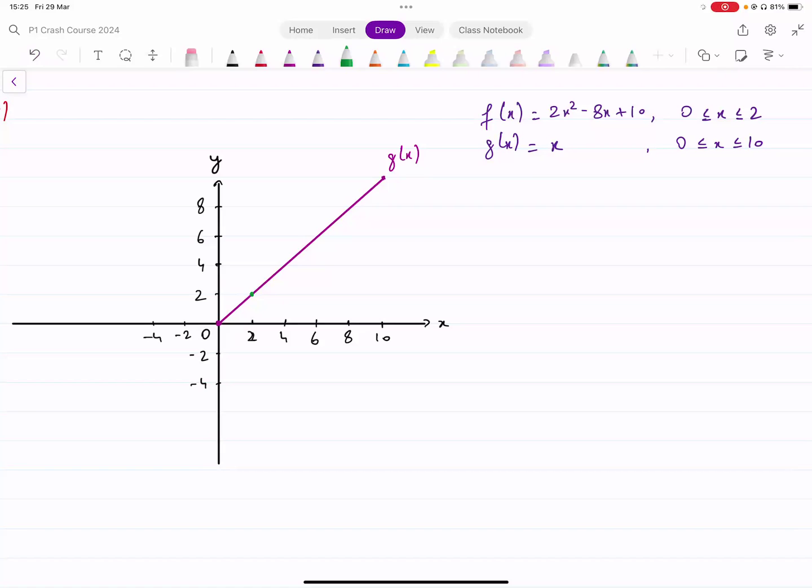You only have to draw this f of x graph from x equals 0 to x equals 2. Okay, so you have 2, 2 here, and you know it's the turning point of the graph. It's the minimum point of the graph. You can see what happens when x equals 0. When x equals 0, the y value is 10, right? So you have another point here on the vertical axis.